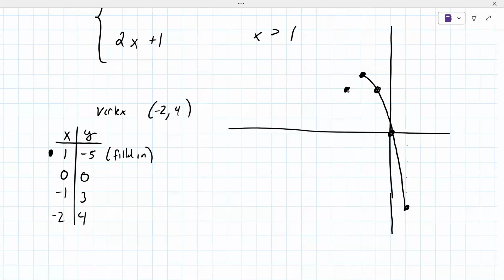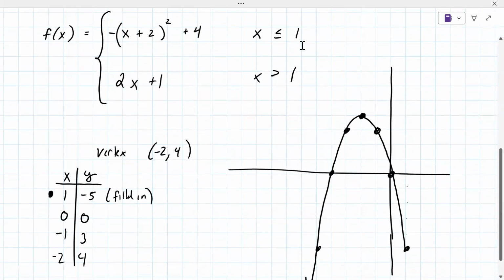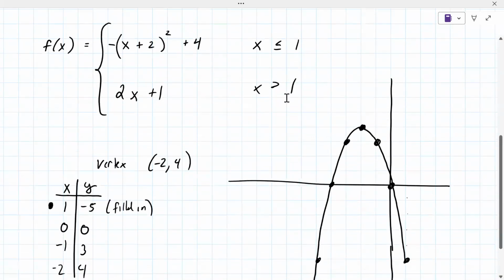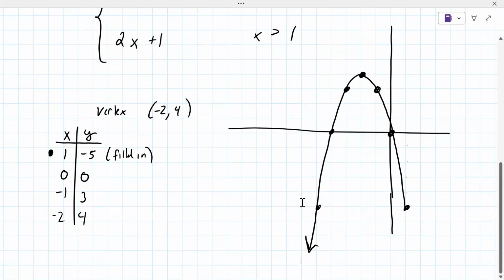So by symmetry, there's one there, and then there's one there. Very important is that you show on the left here that it's going down forever, because it's good for less than or equal to 1. So it's going down forever the other way. Gotta see those arrows. Okay.